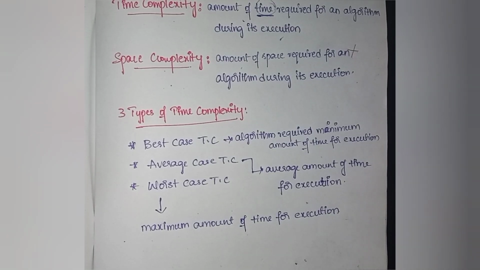So let's see what is linear search. So what is linear search? Linear search means searching of elements in a list one by one until the key element is found in your array.